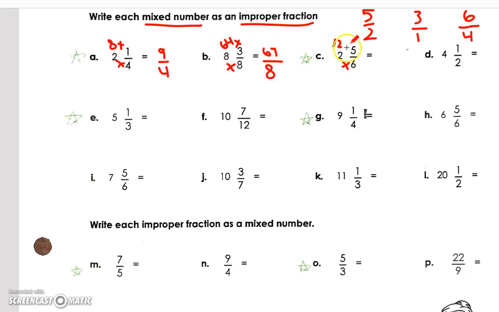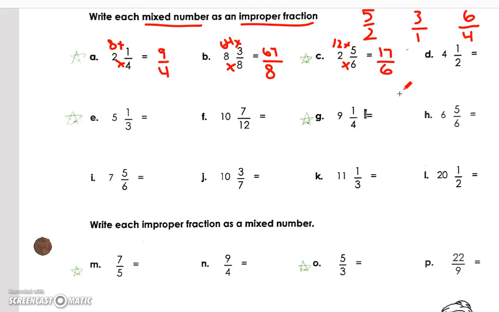I've got to add this 12 and this 5 together to get my final numerator. I know my multiplication and my add sign look kind of similar. I should use a dot for multiplication next time. 12 plus 5 is 17. And if you guessed right, our denominator always stays the same. So our improper fraction is going to be 17 over 6.